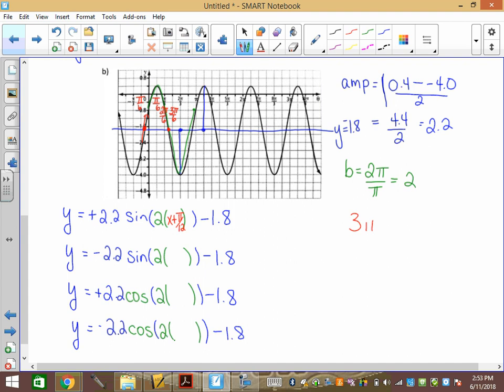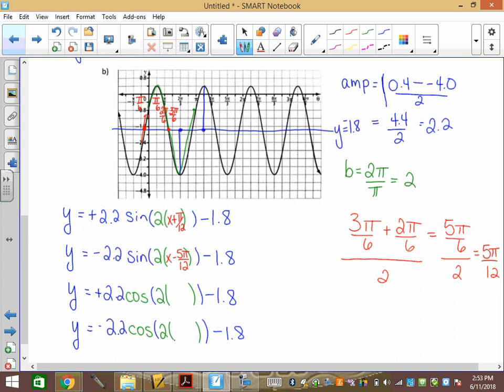So 3 pi over 6 plus 2 pi over 6 divided by 2. So I get 5 pi over 6 divided by 2, which is 5 pi over 12. So I'm going to go x minus 5 pi over 12.